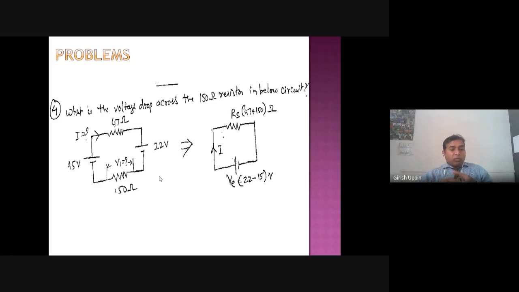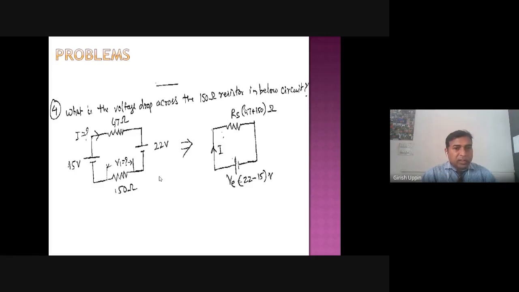So what will happen? 1.5 plus 1.5 minus 1.5. Effectively, it became 1.5 volt. Similarly, if the batteries are trying to send the current in the same direction, their values will get added. If they are trying to send the current in the opposite direction, then their values will decrease. Means whichever is more minus the lesser one.